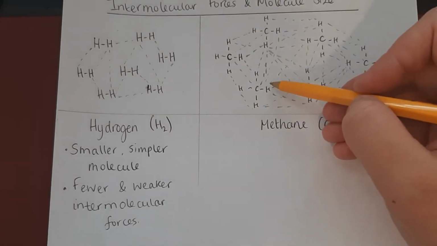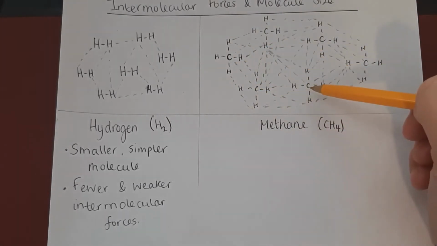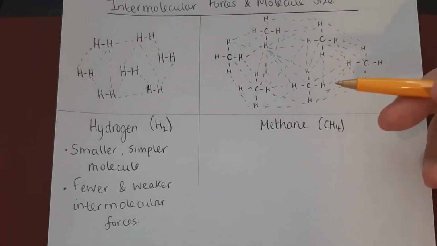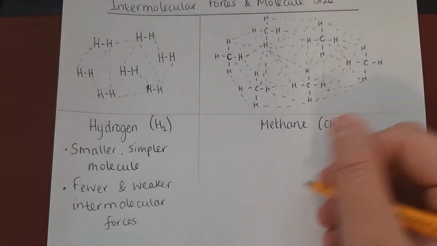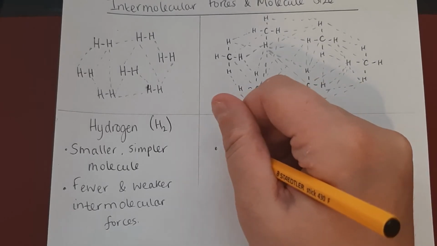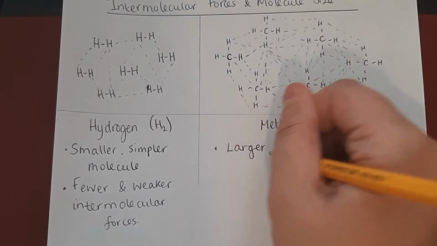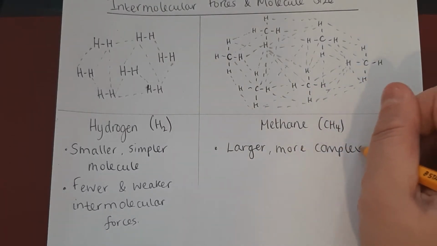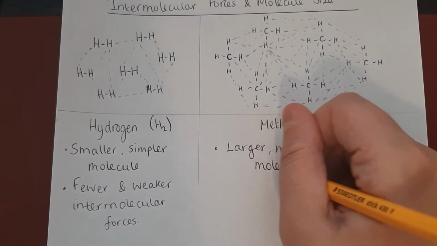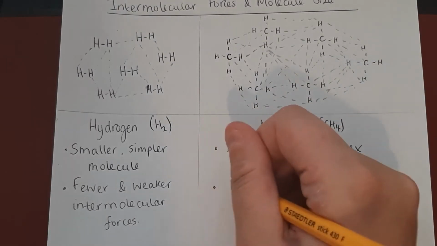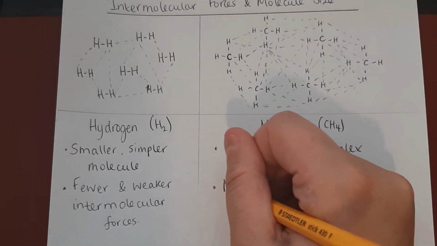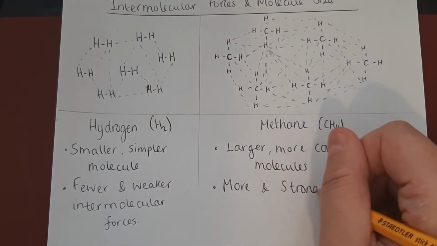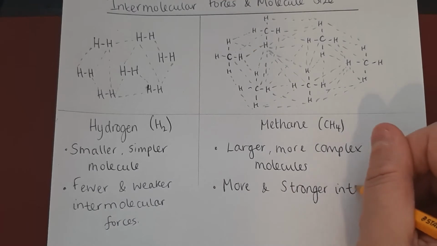And then methane, each of these molecules is attached to its neighbouring molecules with many more of these forces, and so that creates a stronger overall intermolecular force. So I'm going to write some notes here. These are larger, more complex molecules, and they have more and stronger intermolecular forces.